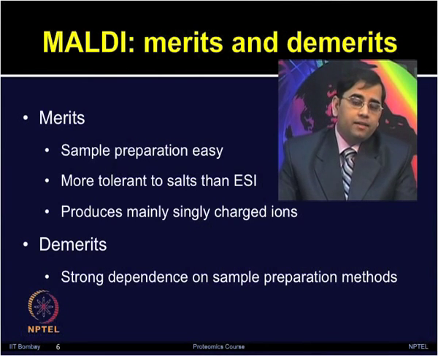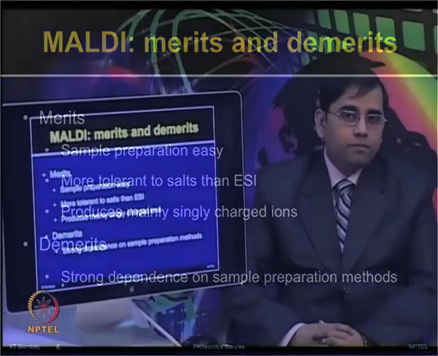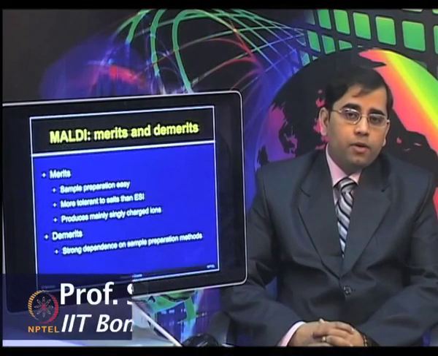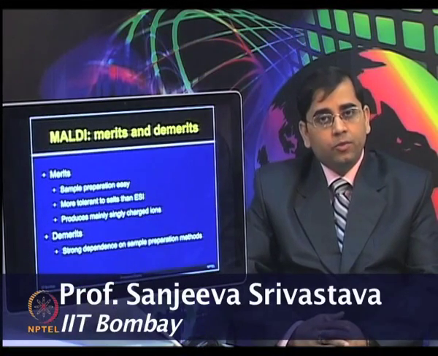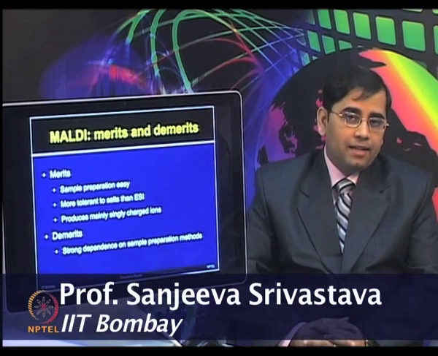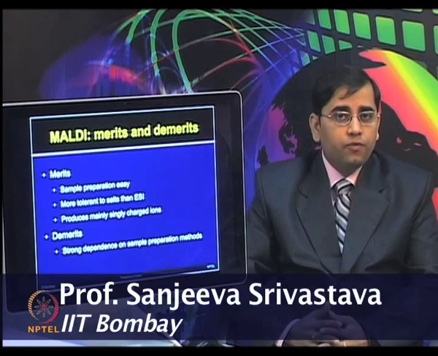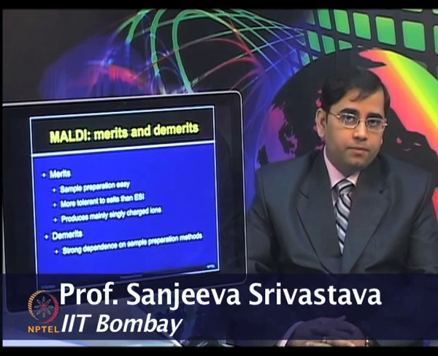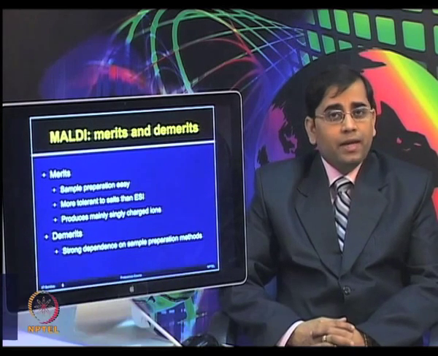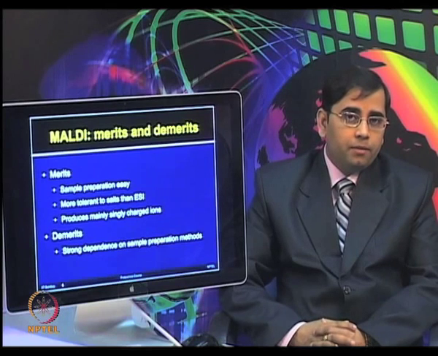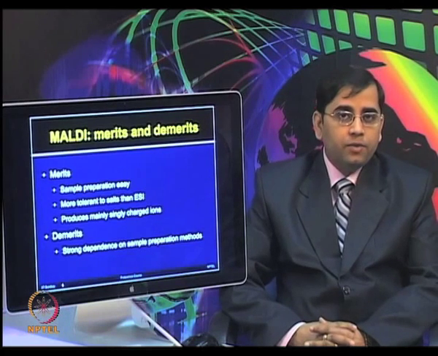The single charge can result in some molecules having large mass to charge values. So, therefore, MALDI is typically integrated with TOF mass analyzers, which can provide the m by z range for large ions as well. Now, these are the various merits of using MALDI. Obviously, it has to be connected with the TOF.